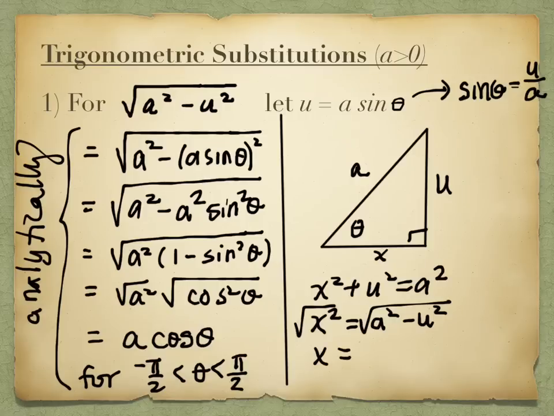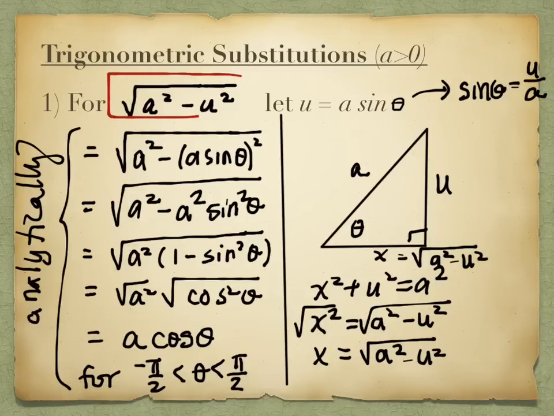So x is equal to the square root of a squared minus u squared. Does that look familiar? That's what we're working with here, right? That's the third side. The third side is always the square root of what we're dealing with. That's why the a sine theta worked. That's why it was chosen.